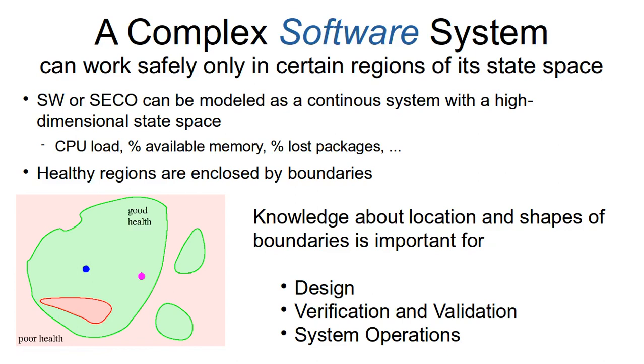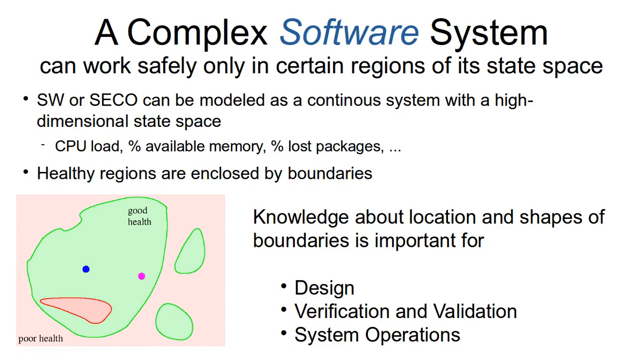Using these abstractions of the discrete software system, we can perform reasoning and could, for example, come up with a characterization of the good health of the system. It could be that the CPU load is always less than 90%, and the available memory should always be at least 10%. Again, healthy regions are enclosed by boundaries. Here on the left-hand side we have a figure. There can be several areas where you have good health, and areas where you can have poor health.